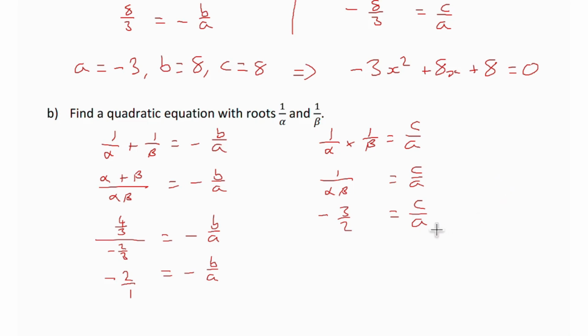It's not as immediately obvious here because in this case we're suggesting a is 2 and in this case we're suggesting a is 1. But that's a fairly easy fix. If instead of writing this as minus 2 over 1, we write it as minus 4 over 2, now a is the same in both equations, so a must be equal to 2. We've already got the minus, so b must be equal to 4, and c must be equal to minus 3.